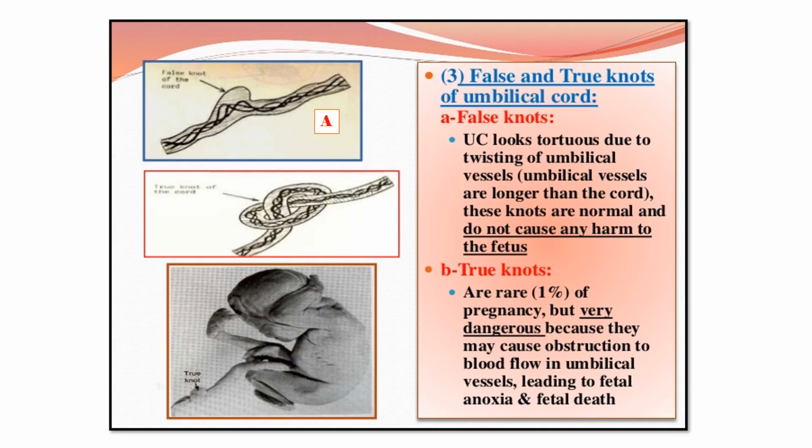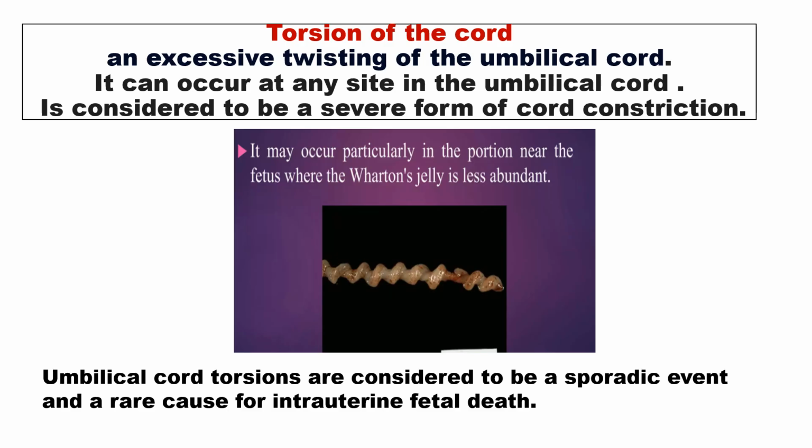So false knots look like tortuous structures but do not cause any harm to the fetus. True knots, on the other hand, are very dangerous and may cause obstruction of blood flow in the umbilical vessels, leading to fetal anoxia and fetal death. Torsion of the cord is an excessive twisting of the umbilical cord.